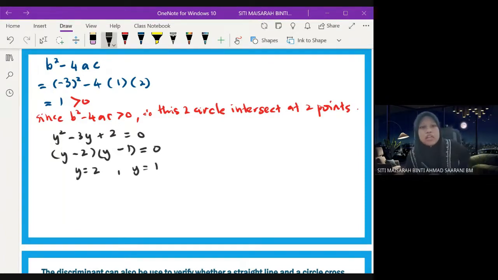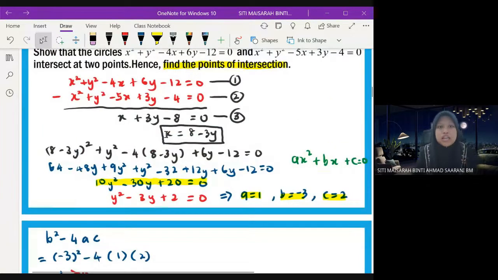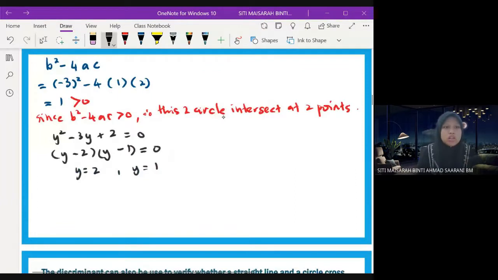Okay. So then dah dapat y, we find x. So x awak boleh pakai equation yang daripada 3 tadi ya. Which is x equals to 8 minus 3y. Boleh guna yang tu. So x equals to 8 minus 3y. Maksudnya times dengan 2. So x is equal to 2. x equals to 8 minus 3 times 1.